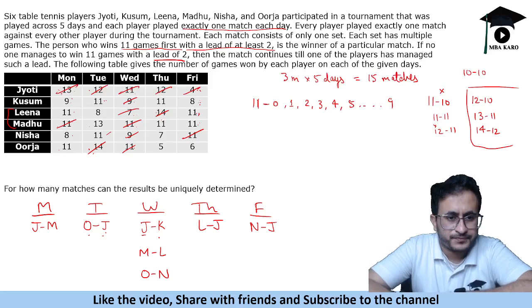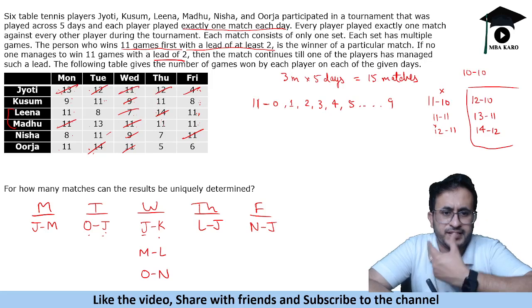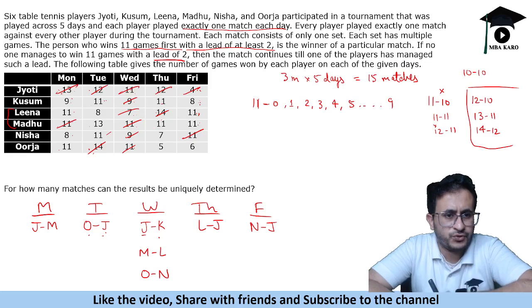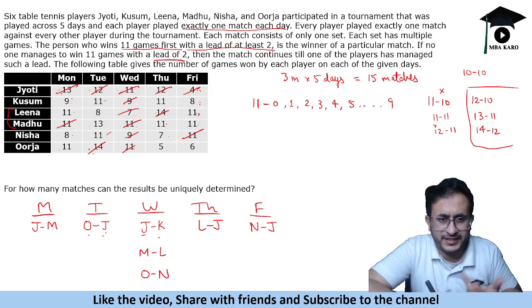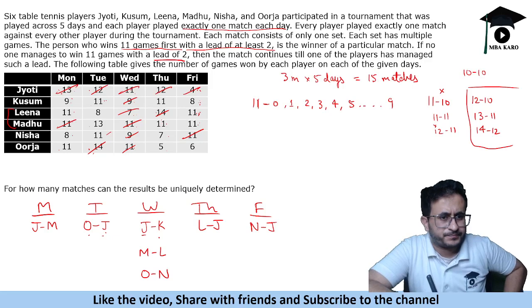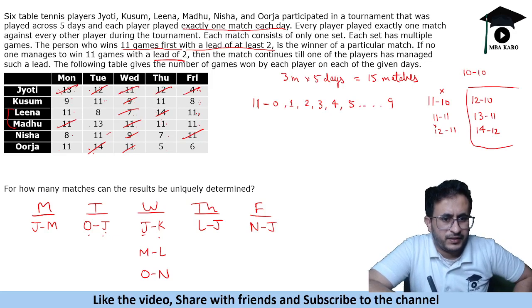Now next we have Madhu versus, now if you look at these Thursday, right? So Kusum has to play against Nisha or Urja, and similarly Madhu has to play against Nisha or Urja. Okay, anything is possible for this day. Let's look at this day.